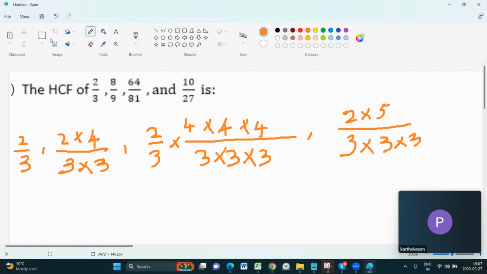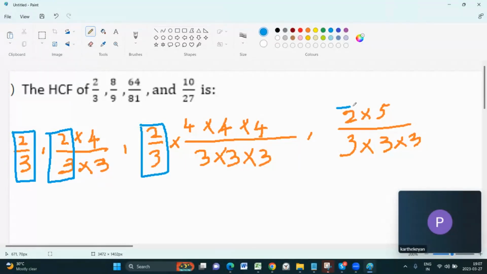So the common factor we can easily find out from here. 2 by 3 here, again we have 2 by 3, and we have 2 by 3.